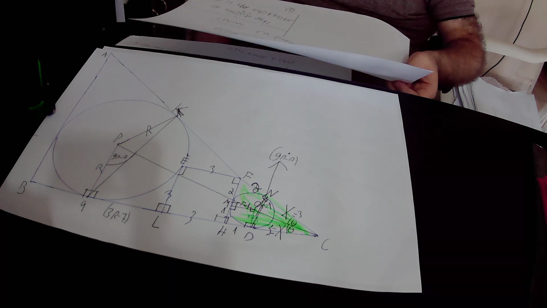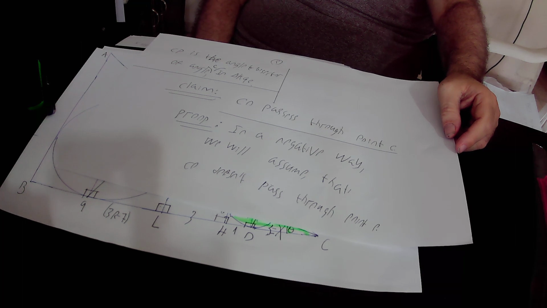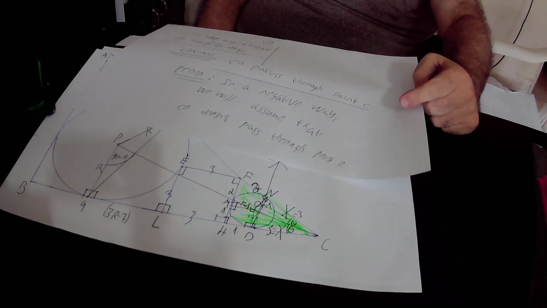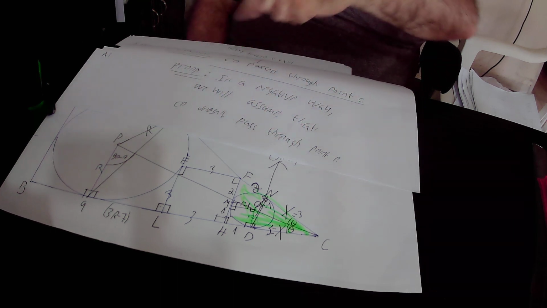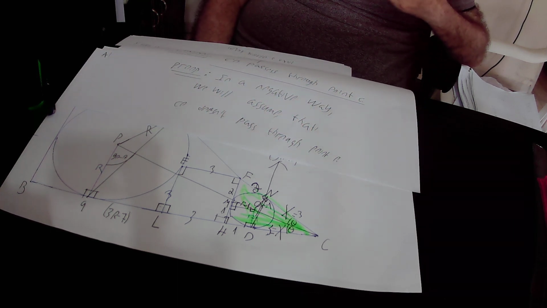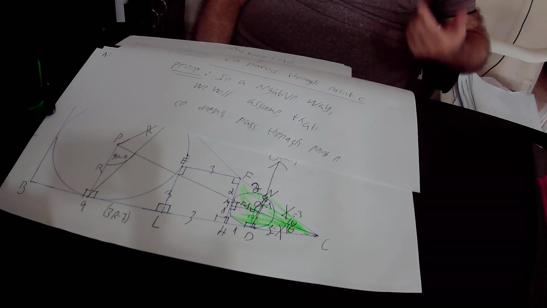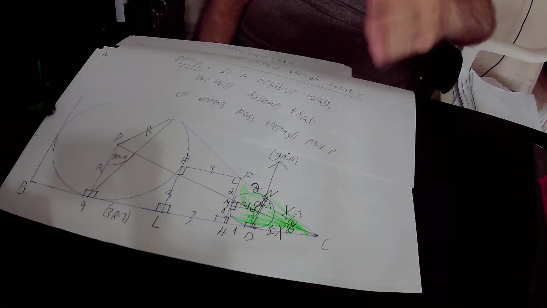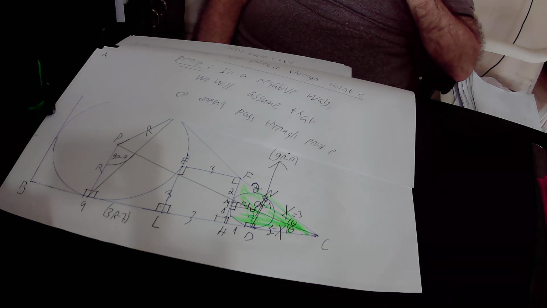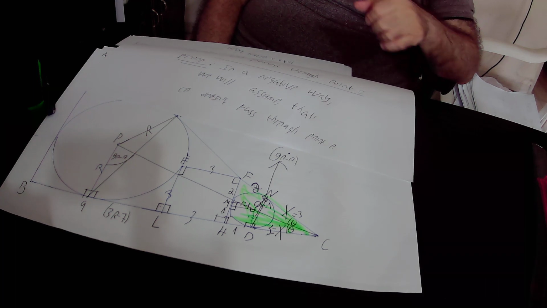So we proved this claim by contradiction. We assumed that CO doesn't pass through point P. We arrived at a contradiction, therefore we must conclude that our assumption is not correct, and therefore CO must pass through point P. And that is the process of the proof.